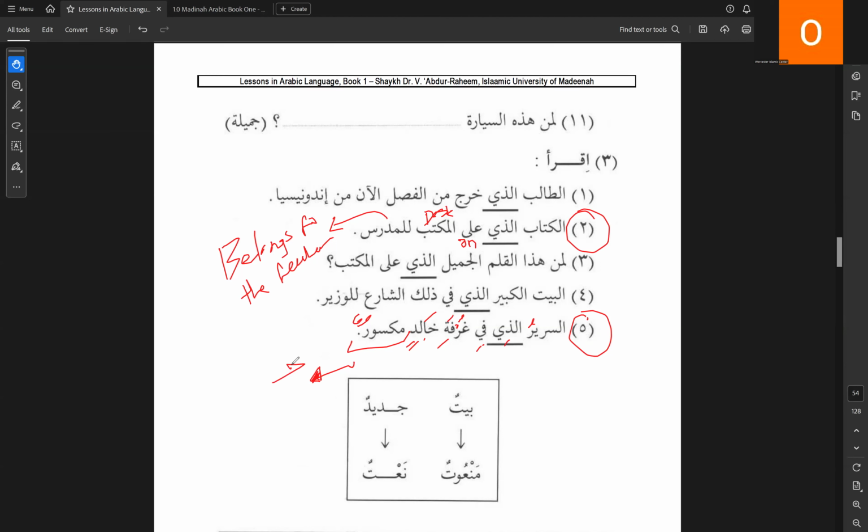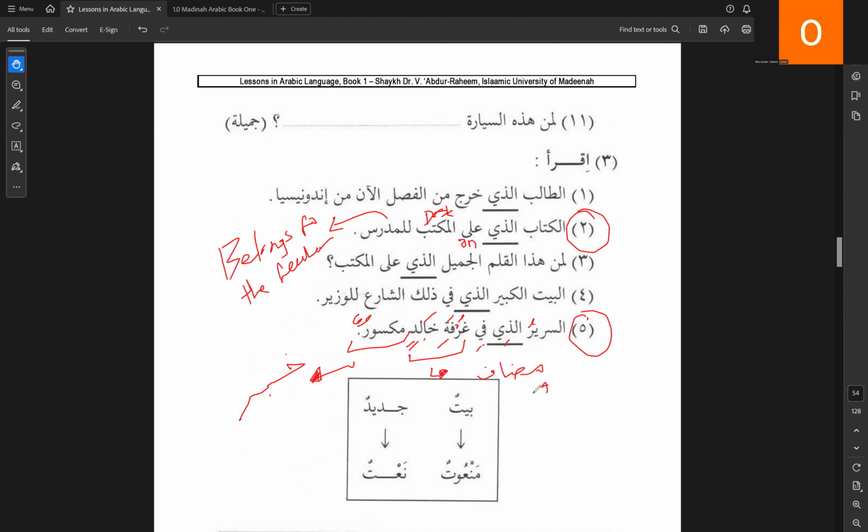Because it is خبر. Very good. في غرفة خالد is what kind of a part of a sentence, a rule that we learned? نعت المنعوت had to be similar, they look the same. مبتدأ والخبر no. غرفة خالد, مضاف إليه. Very good.